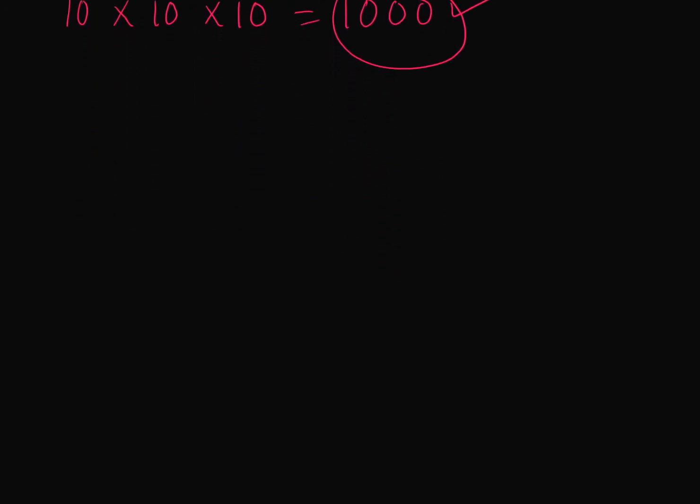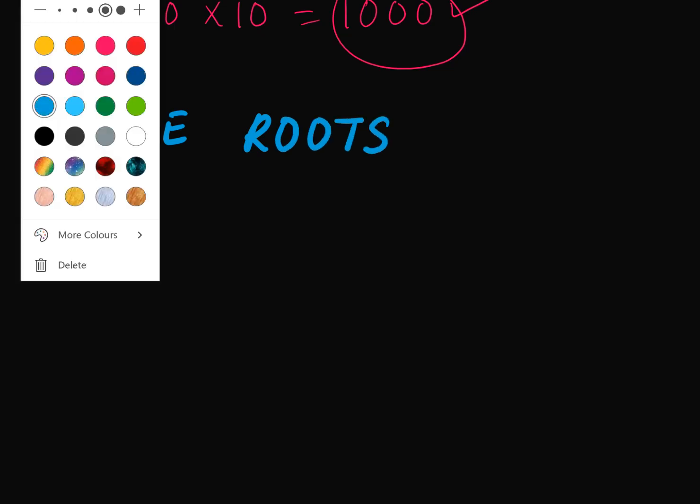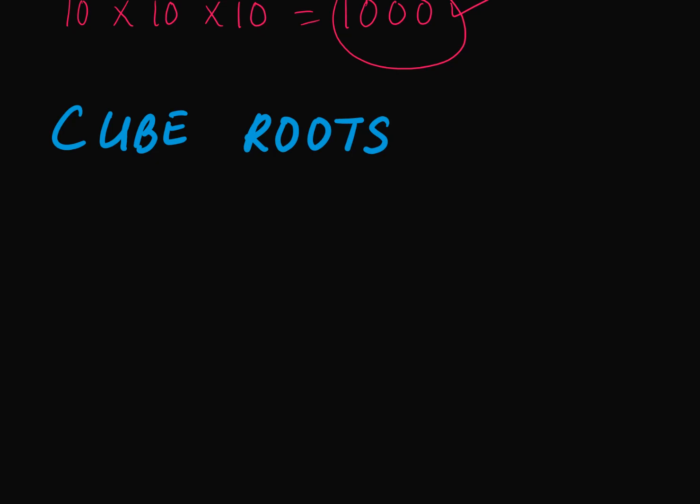So coming to the concept of cube roots. Okay. So when you have been asked to find the cube root, for example, cube root of 8, first of all, it is written in this way. Or cube root of 8 can also be written as 8 raised to 1 upon 3, which is the same thing.